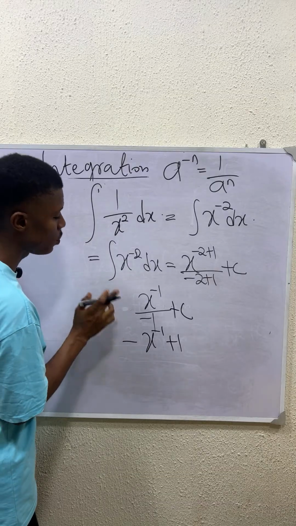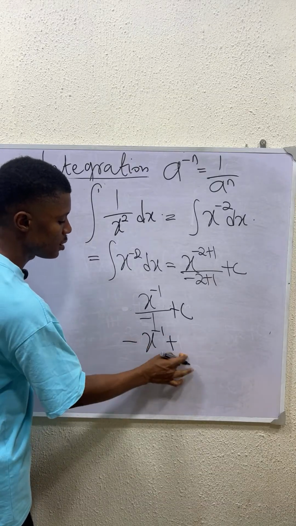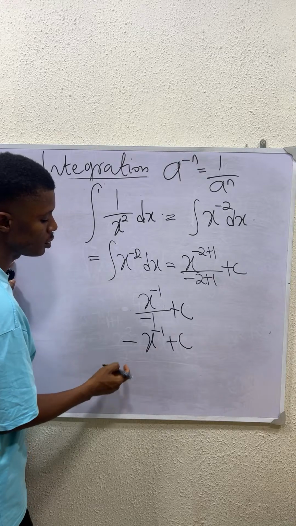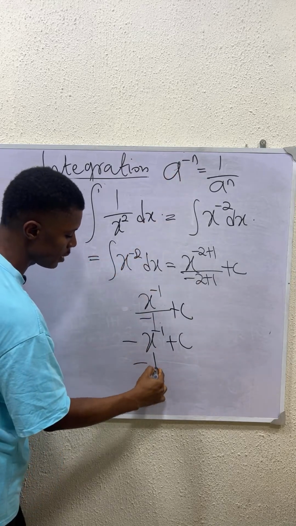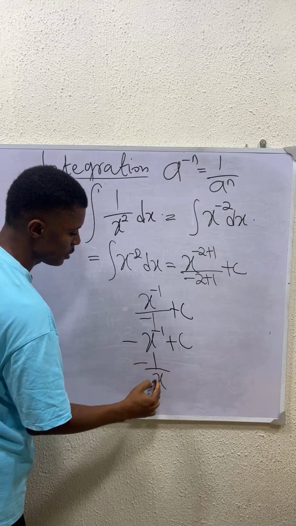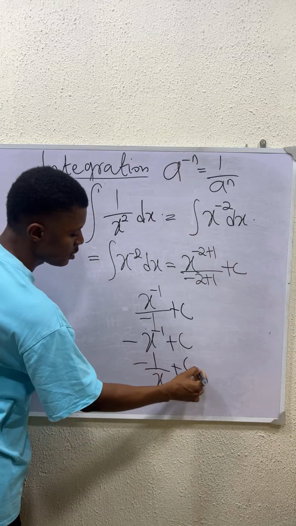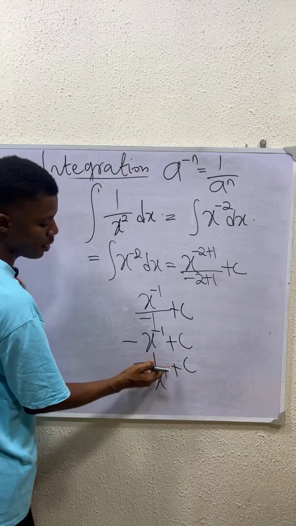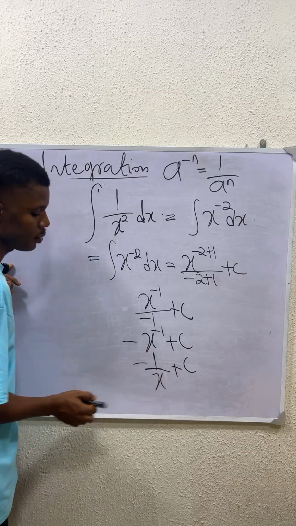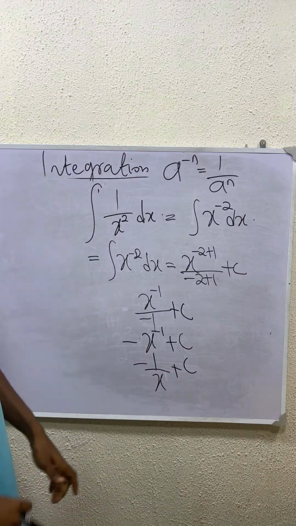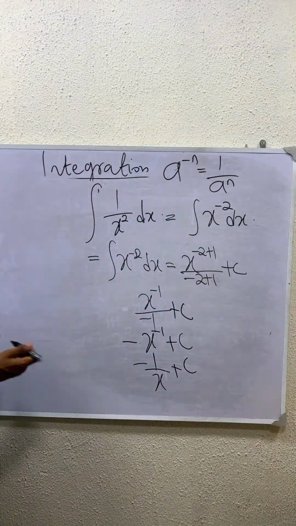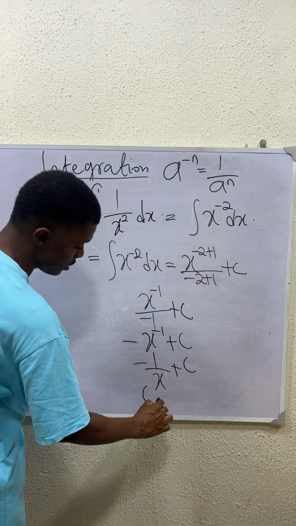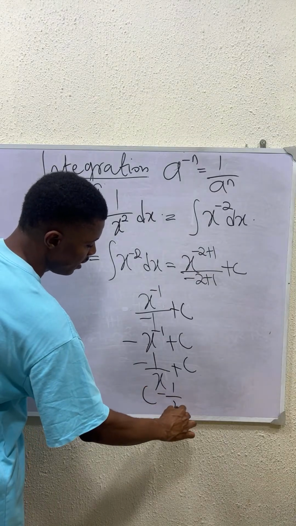So what do you have to note? Still using the same rule, x power minus 1 is 1 over x, so we have minus 1 over x plus c. I don't need to write 1 because x is the same thing. So this is actually simple. If you want to tell your teacher that you understand it very well, you can just say c minus 1 over x.